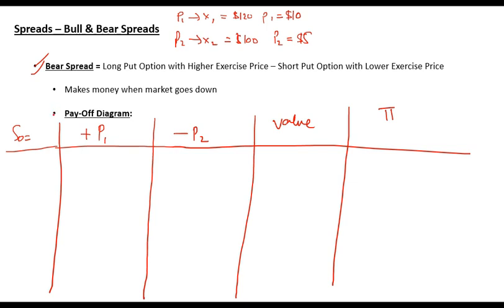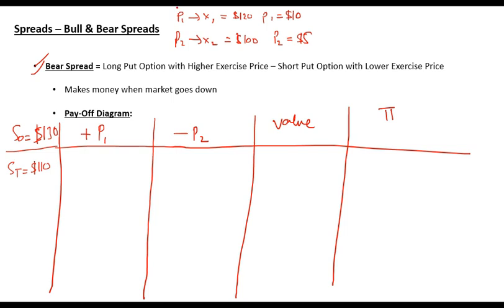Initial stock price is, for example, $130. If the stock price falls to $110, will you have a benefit from the first put option or a loss or nothing?